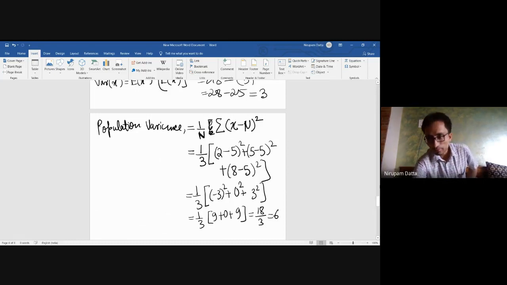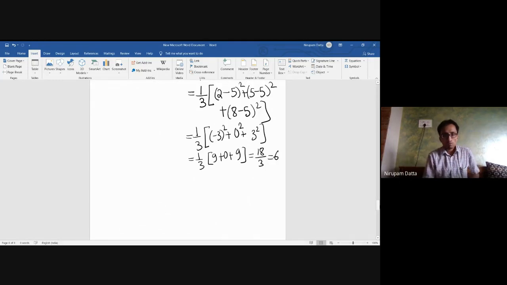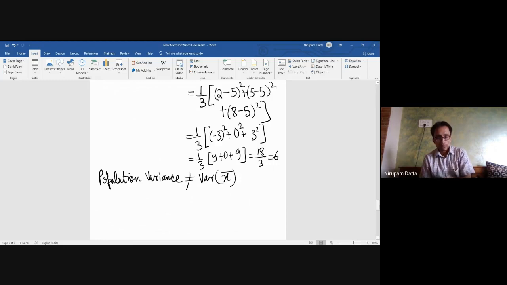Now you see, population variance is not equal to the variance of the sample mean. But population variance is nothing but sigma square, which is equal to 6.